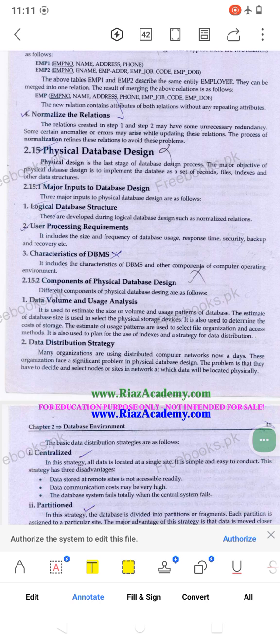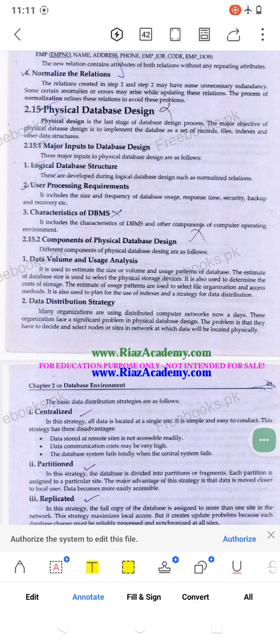So this is a part of physical database design. For example, physical database design is to implement the database as a set of records, files, indexes, and any hashing or data structures used for storing our data in actual form or at a physical location.